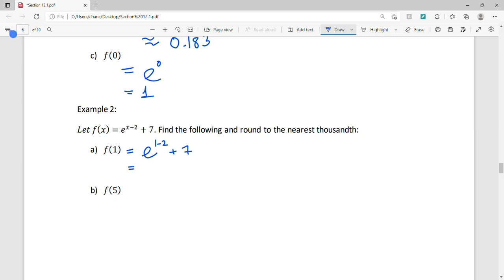And that's equal to, we'll do the exponents first, e to the negative 1 plus 7. Enter that in there. I would recommend you put parentheses around the negative 1, so it does the first part first, and then it adds the 7. And this simplifies to 7.368.